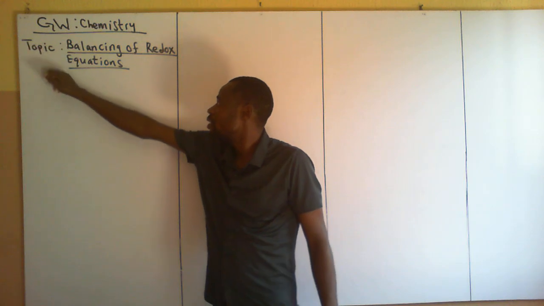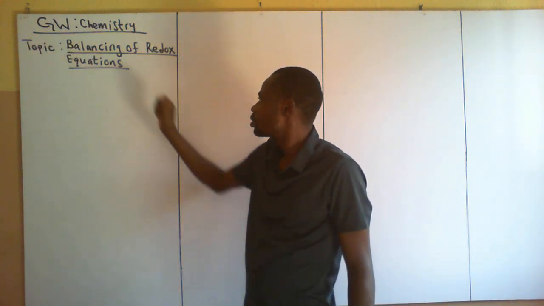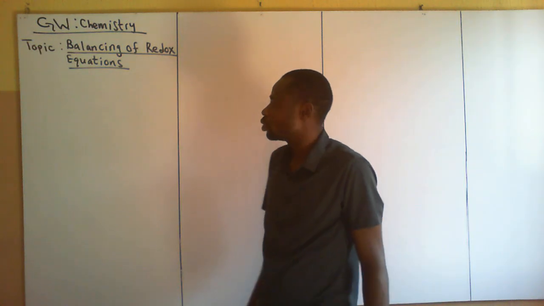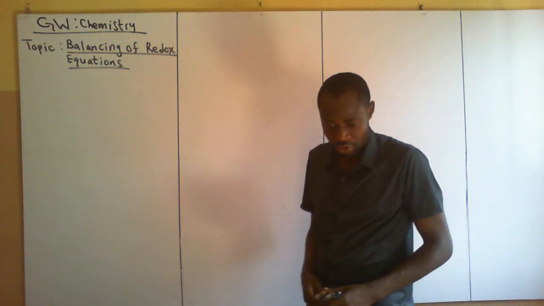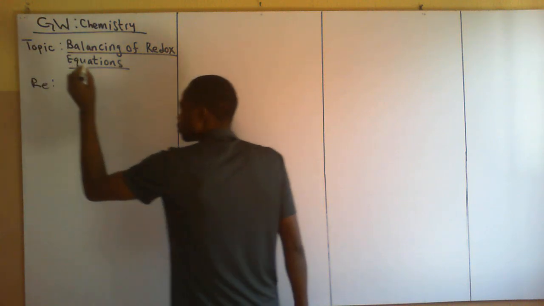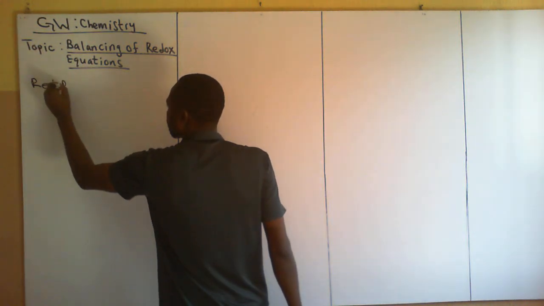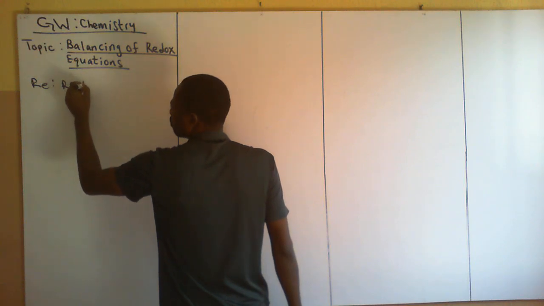Today's topic is balancing of redox equations. When we talk about redox equations, it's a short form, RE. It's an abbreviation for reduction and oxidation.